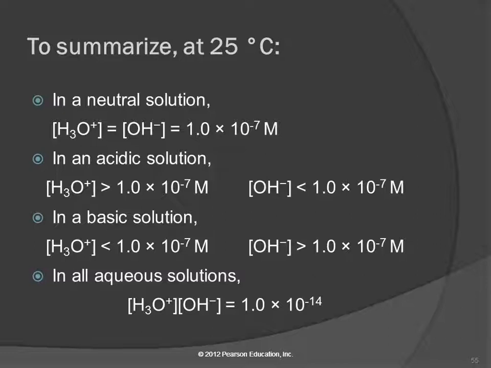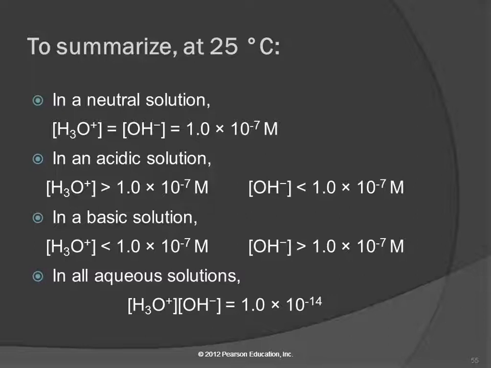And in water, the hydronium ion concentration times the hydroxide ion concentration is 10 to the minus 14. So if they are equal, it's 10 to the minus 7. They can't be equal at any other concentration because of that self-ionization of water.